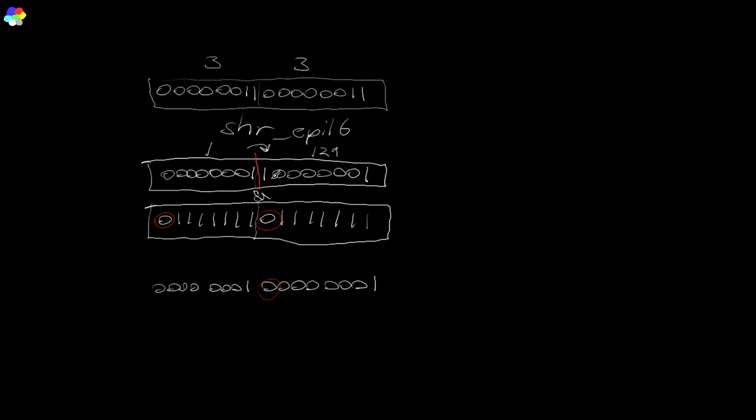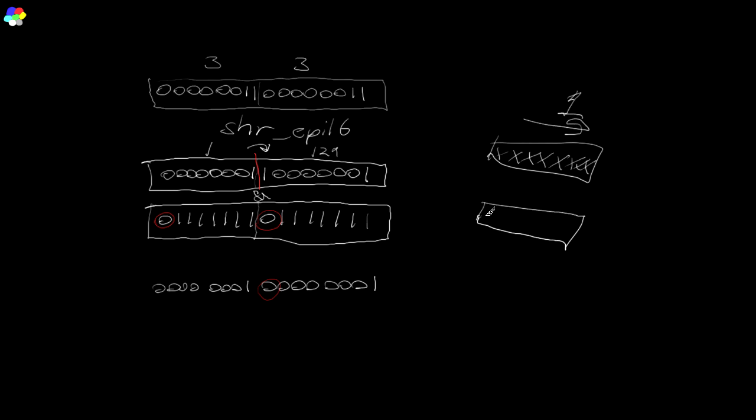So what we can do is, if we're shifting an 8-bit number to the right by 1, let's say we don't know what the bits are, but we know that the very left bit is going to be 0, and the rest we don't know. So we always know that this bit has to be clear if we're shifting right.